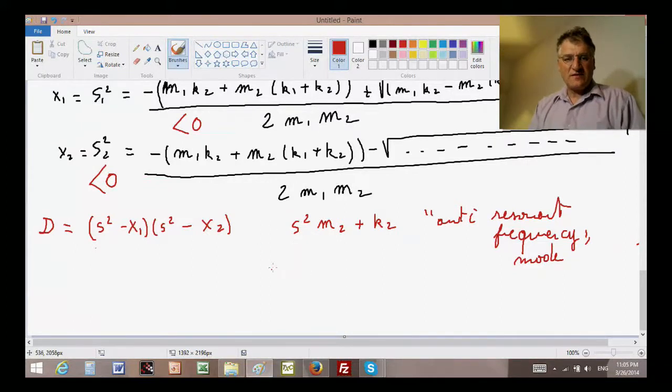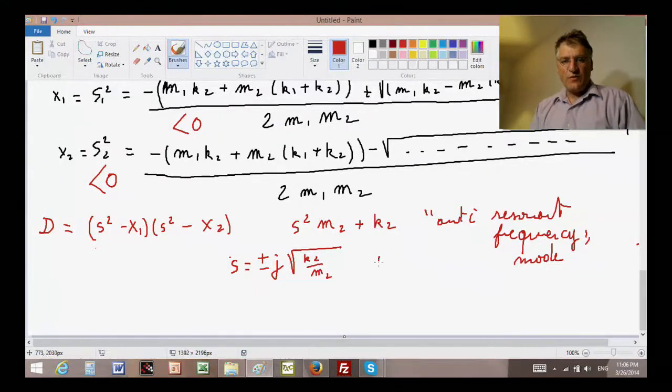What do I mean by that? Well, the roots of this guy are s equal to plus or minus j times square root of k2 over m2.